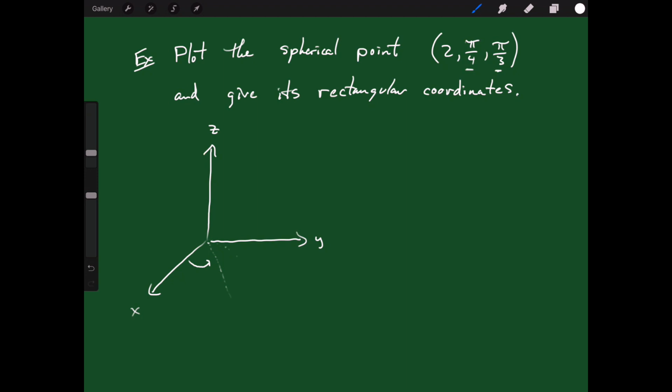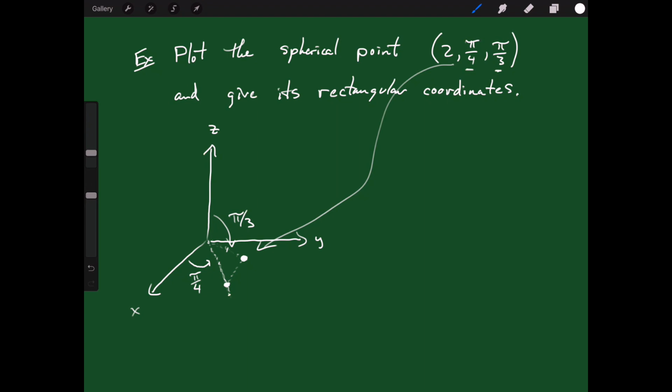Then on that line, this is straight over in the xy plane, go out 2 units, 1, 2, and make a dot. So this is directly above some point over here. This is an angle of pi over 4, and this is an angle of pi over 3. And we get our point right here. Okay, so that's plotting the point.